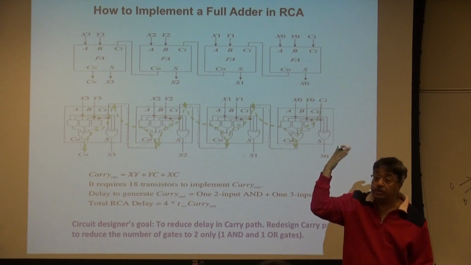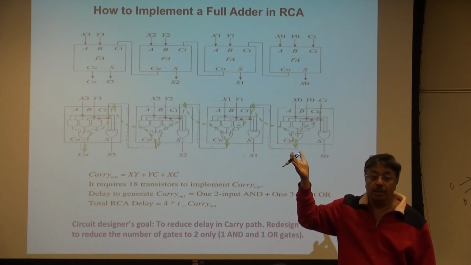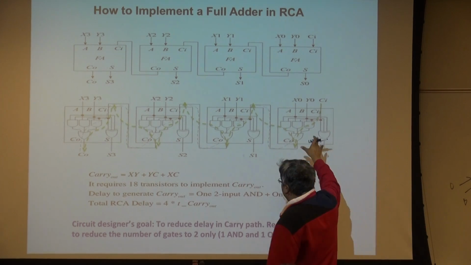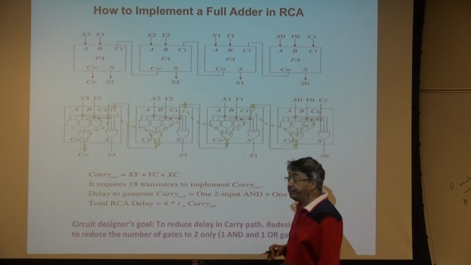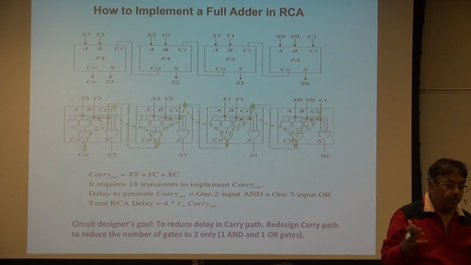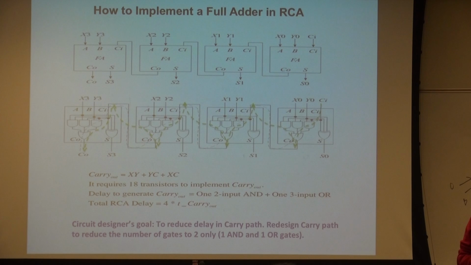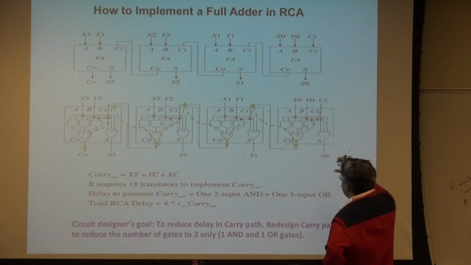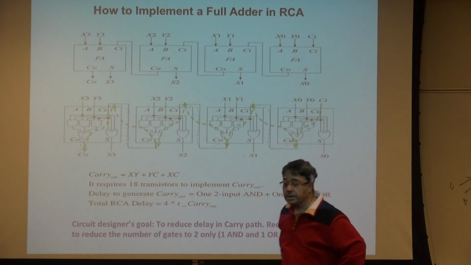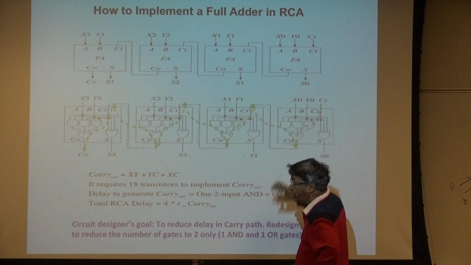But then there are 1 OR gate and 3 AND gates. Now I have to think in terms of the capacitances. The capacitances associated with 3 gates is higher. So I need to figure out how I can reduce the capacitances associated with the carry path. Can I do it with 3 gates instead of 4 gates?